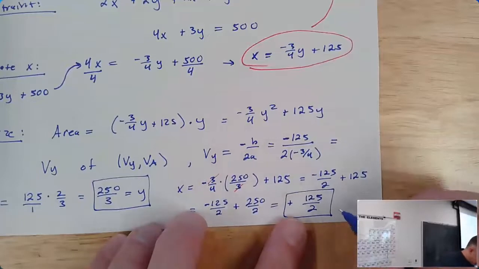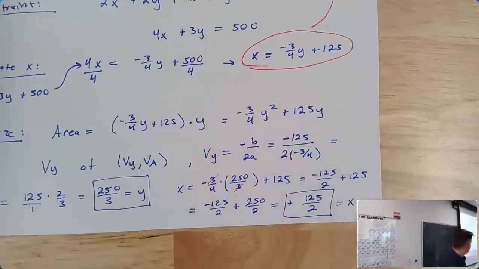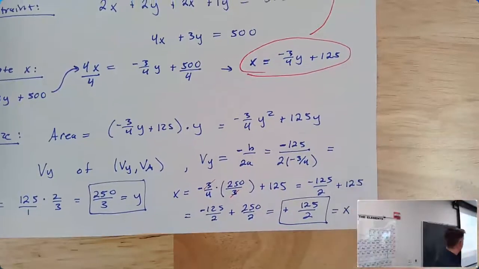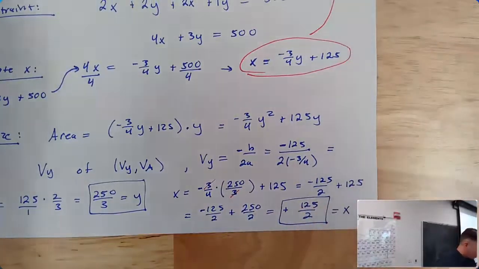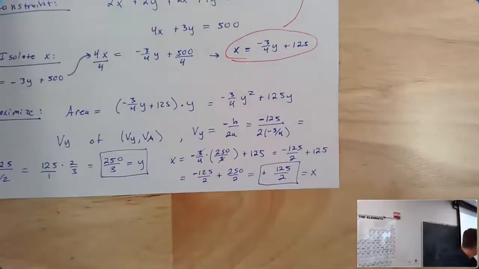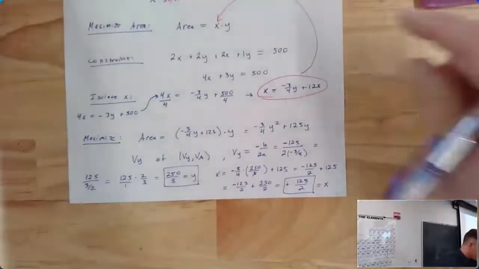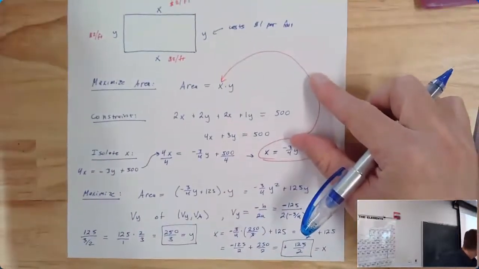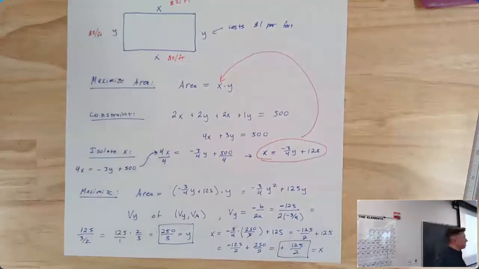And that's going to be my X value. So those are the dimensions of this particular enclosure that maximize the area while still spending only $500.